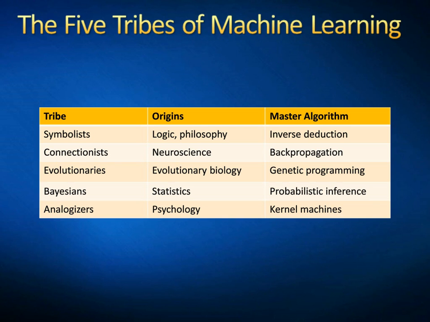In the case of the symbolists, their master algorithm is inverse deduction, and we'll see in just a second what it is. Then there are the connectionists. These are the people who want to reverse engineer the brain, or at least be inspired by it. Their roots are, of course, in neuroscience, and their master algorithm is backpropagation. Very popular these days. The evolutionaries have their roots in evolutionary biology, and their master algorithm is genetic programming.